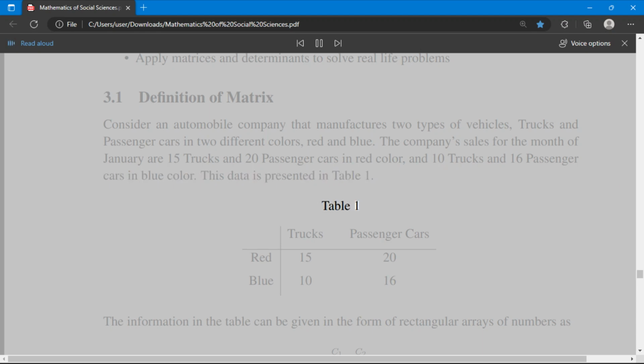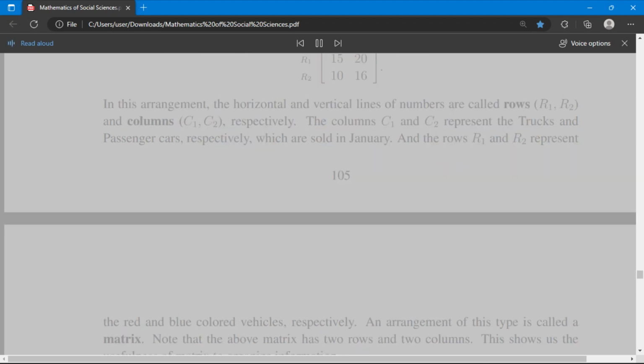This data is presented in Table 1. Trucks, passenger cars. Red 15, 20. Blue 10, 16.